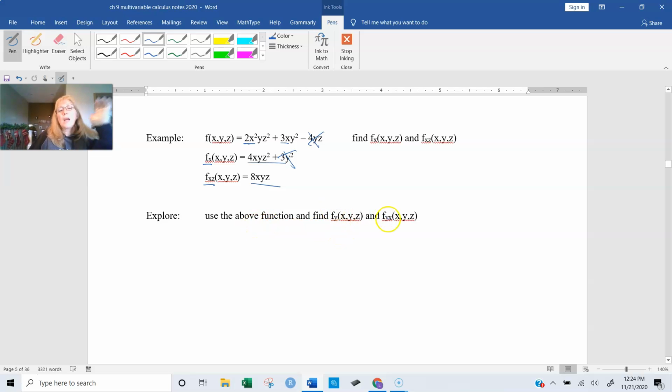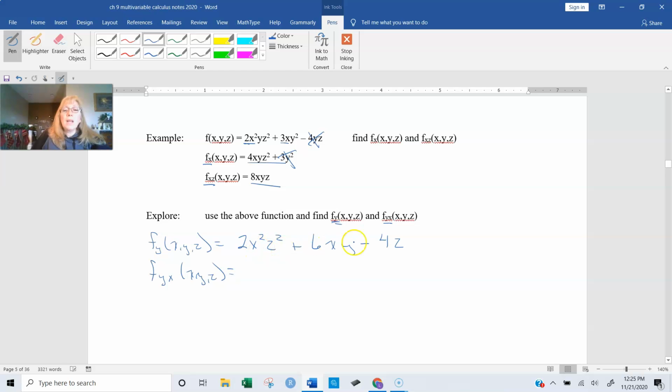All right, your turn, but now you're doing it with respect to y, and then yx. So if we do with respect to y, so the first one will become 2x squared z squared, because the y is going to go away, plus 6xy minus 4z. This time we had all of them because they all had a y. So now we're looking at my function with respect to x.